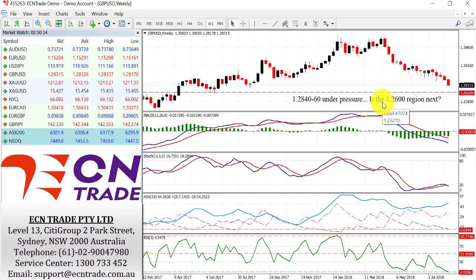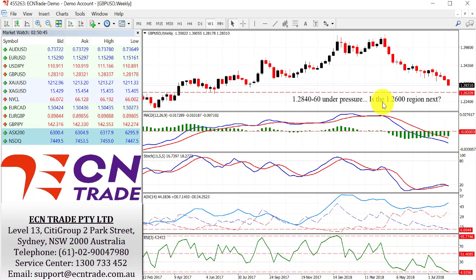What has put the pound in a very vulnerable state to the bearish case is that Brexit may be heading for either a no Brexit deal or a hard landing. UK Trade Secretary Liam Fox said recently that there's no chance of a negotiation between Brussels and London being achieved.